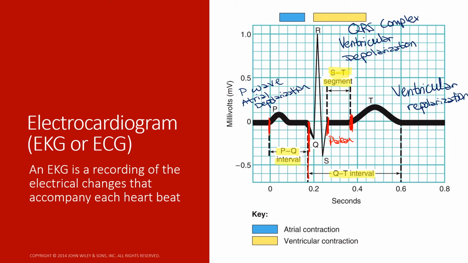And then we're going to go all the way to the end of the T wave. And this is the time from the beginning of ventricular depolarization to the end of ventricular repolarization. So we're going to look at from the beginning of the initial excitation of the ventricles to the end of the ventricles relaxing. So that's what that segment is.